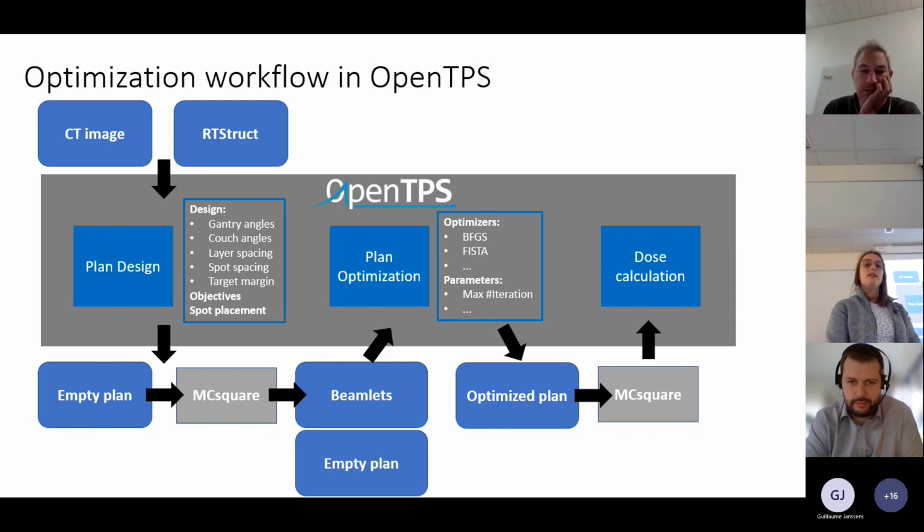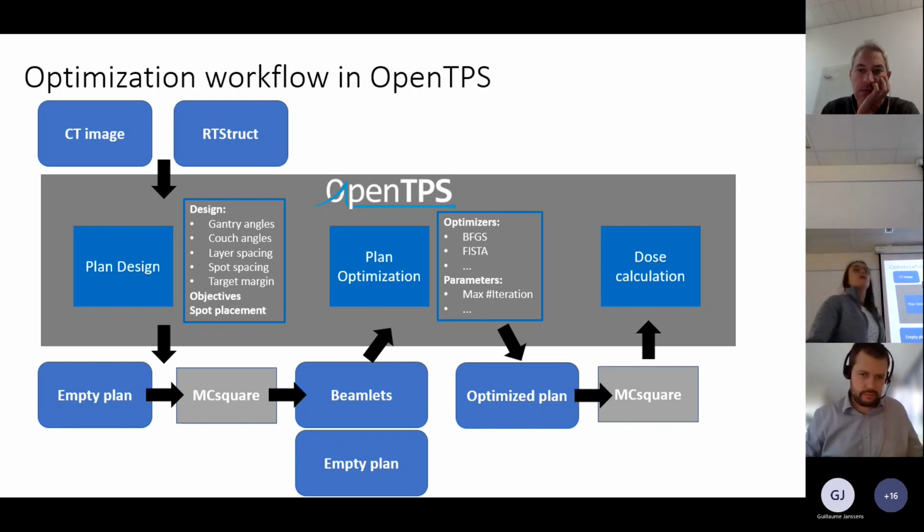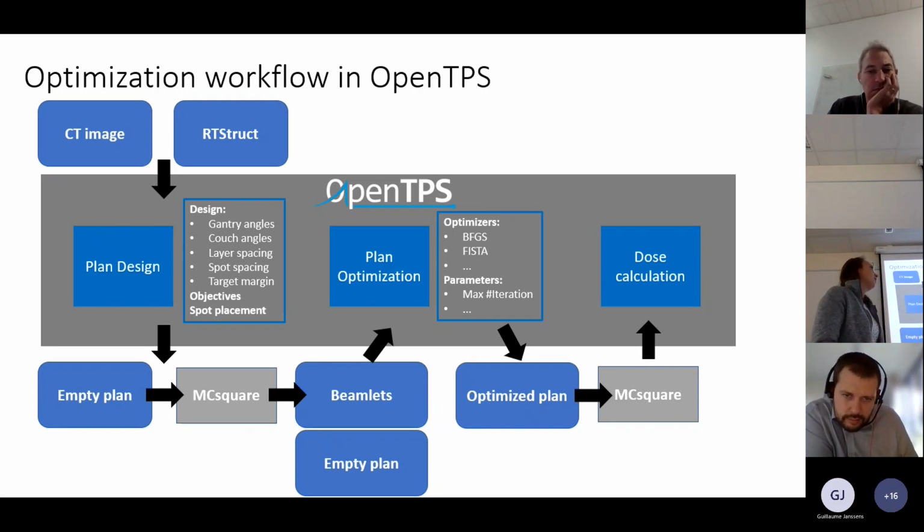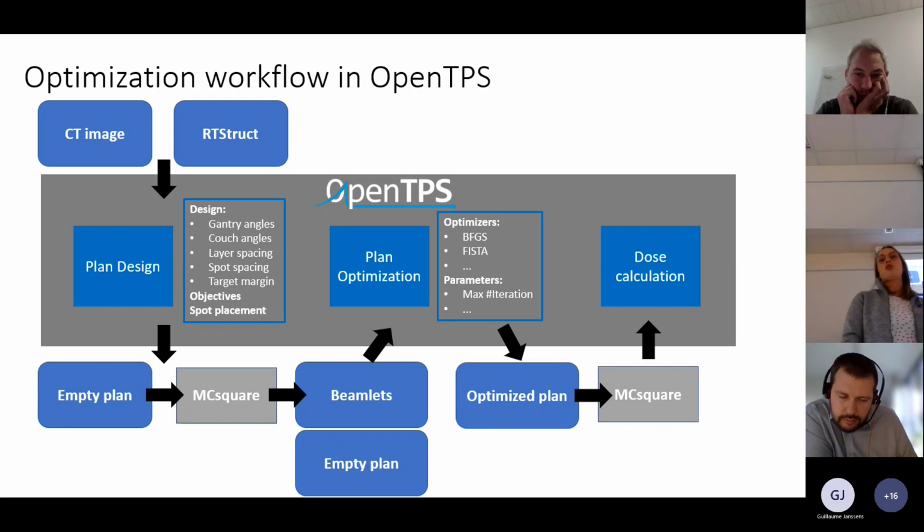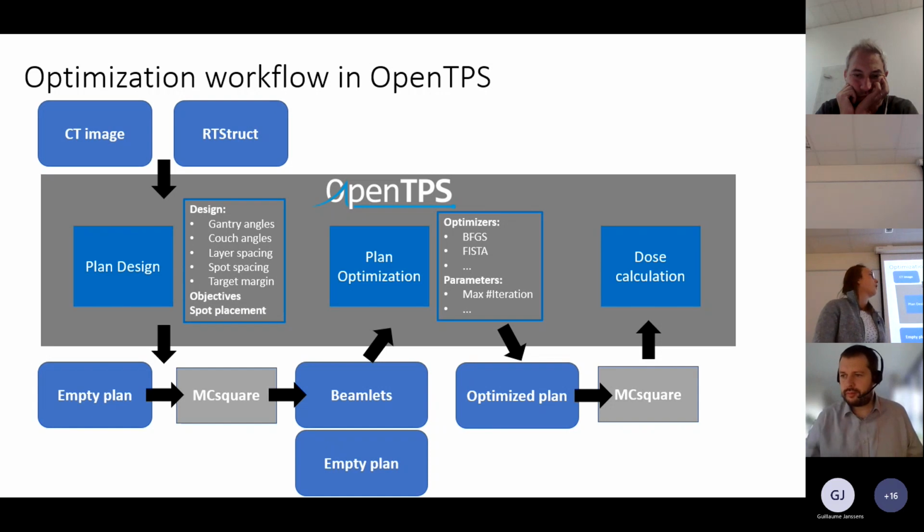Now that we have the beamlets and the plan, we can send them to the plan optimization process. In this process, what we have to do is to specify the solver that we want to use. As Sylvain already mentioned, we have different types of optimizer. We have second order optimization, BFGS, but also first order optimization for convex non-differentiable objective functions, FISTA.